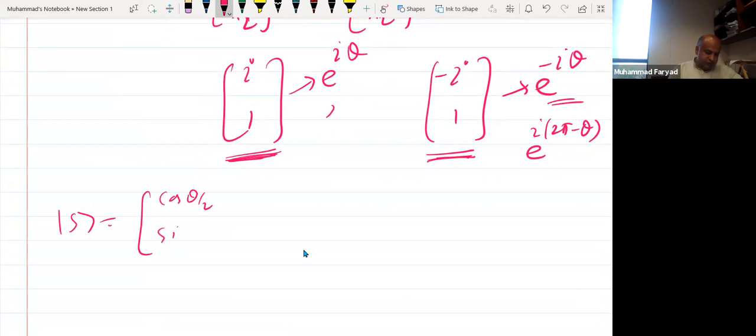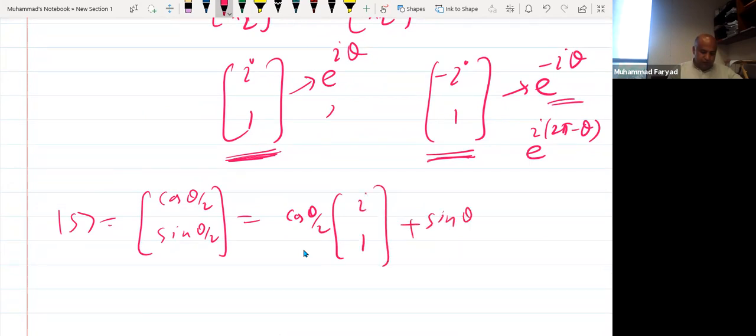So this S state, cos theta by 2, sine theta by 2, can be written as a linear combination.